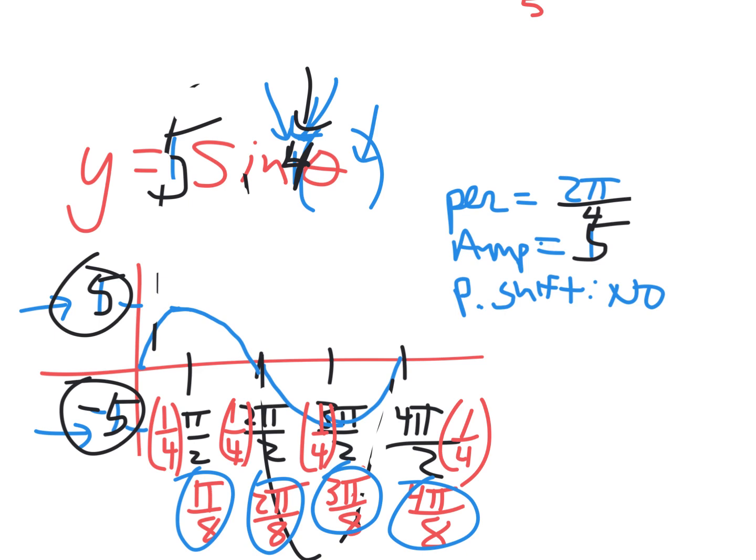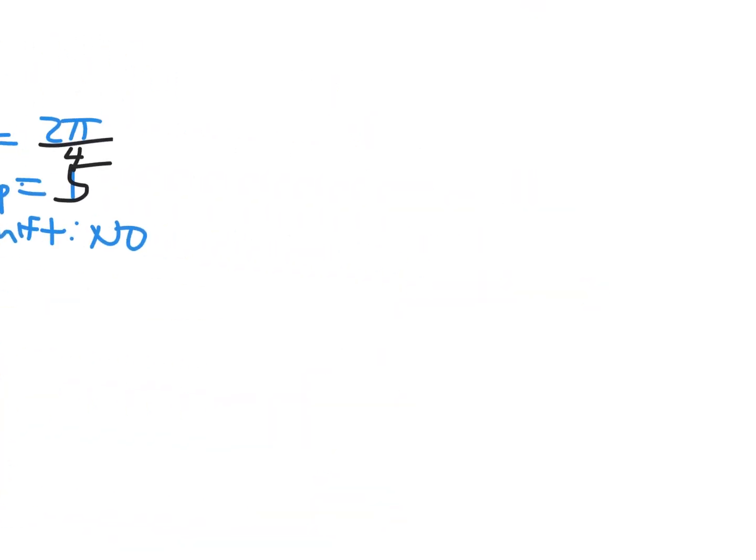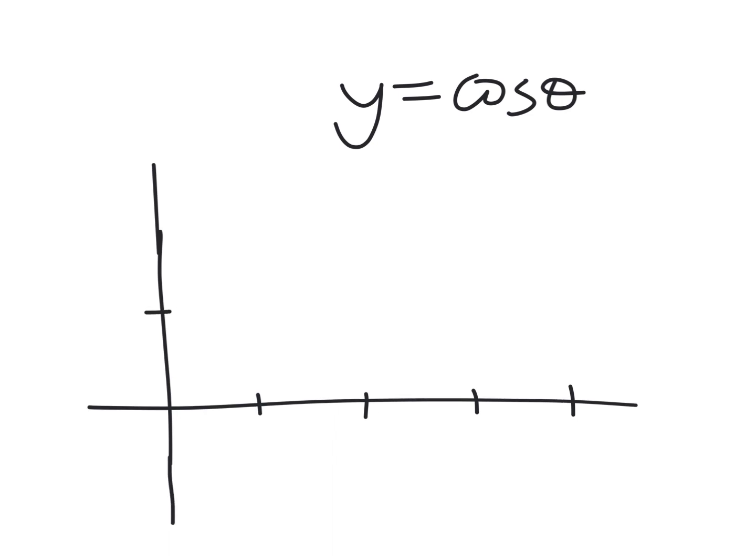So that's probably the next thing we should do. So everybody, now graph regular cosine. Just regular cosine. It's very similar. These 4 marks are labeled exactly the same. What it goes up and down to is exactly the same.